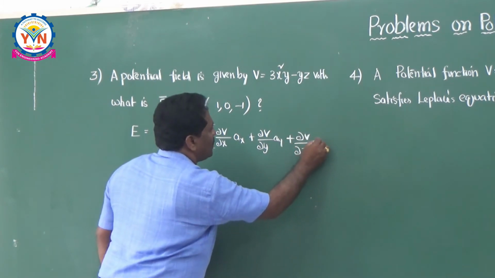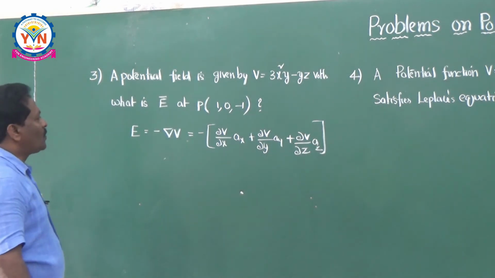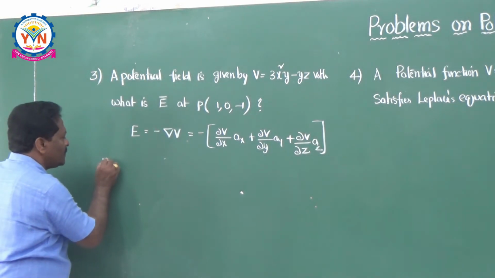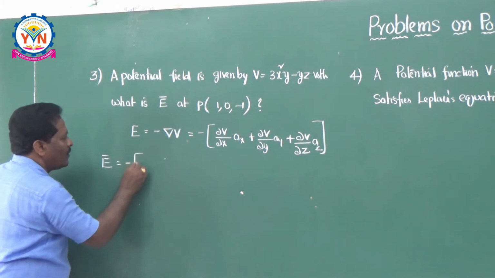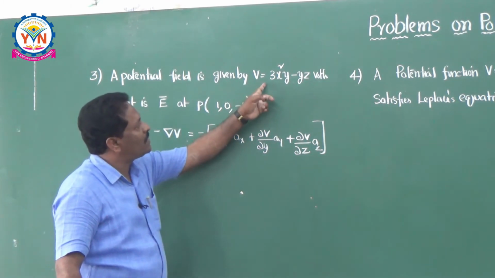You know all these relations. I told you in the regular classes. So, E is equal to minus of, what is dou V by dou x? With respect to x, differentiate here.